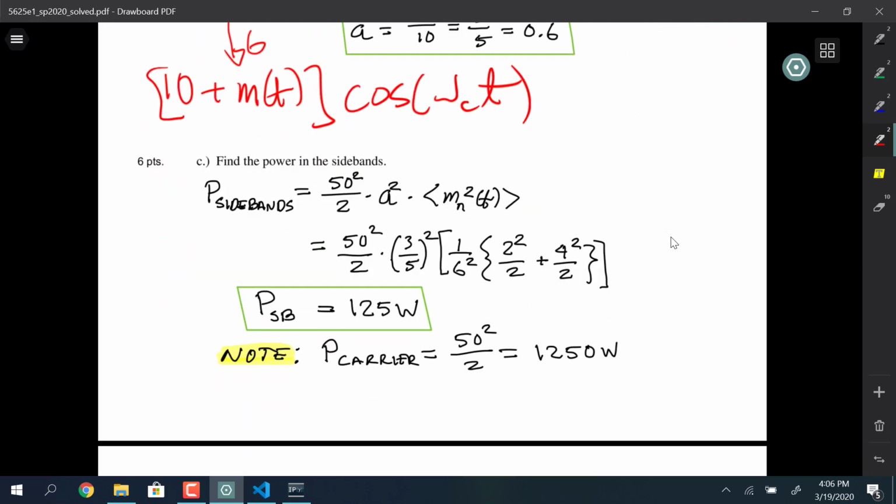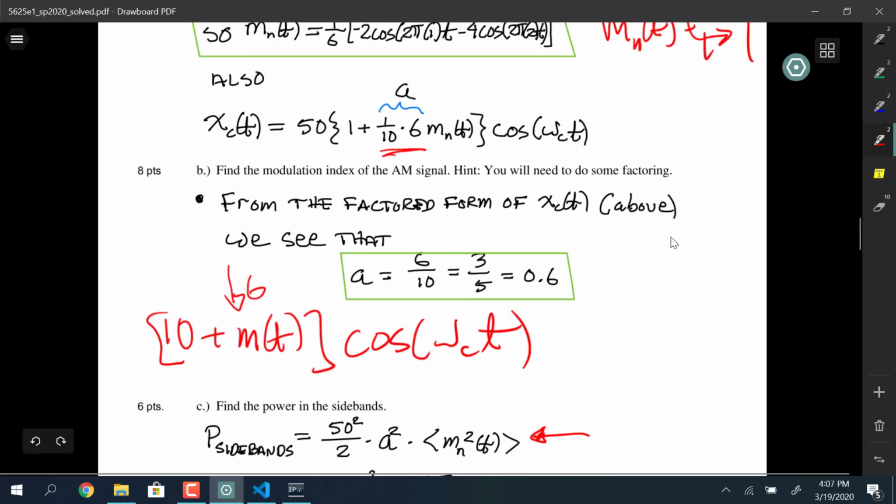Finding the power in the sidebands was just applying this equation that you've seen before. Everybody had that on their paper, but not everybody utilized it properly. The biggest mistake, if you didn't get A right, I worked with you on part C for using the wrong A, but some of you had problems getting the power in the message calculated correctly.